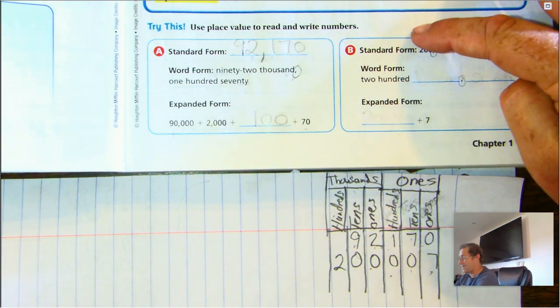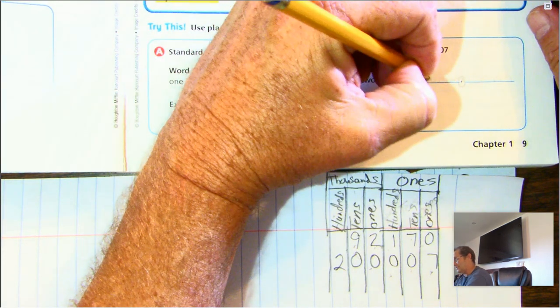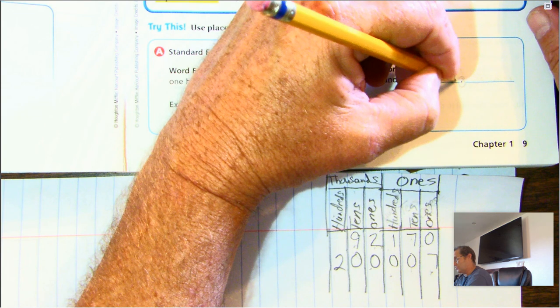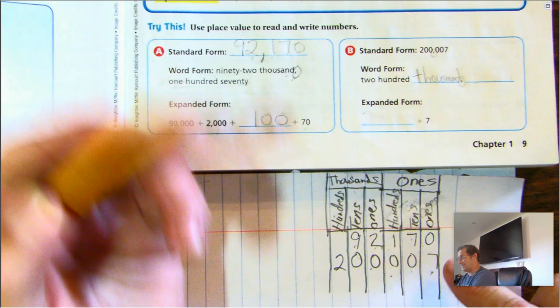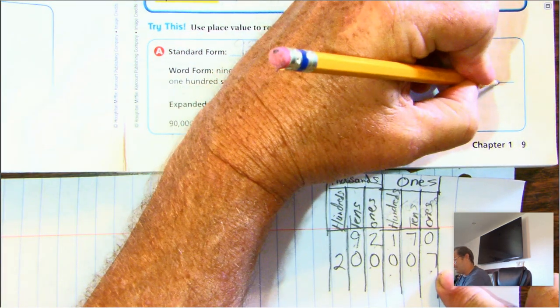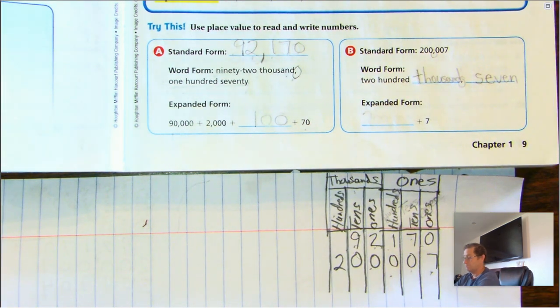The period to the left is thousands. So 200 what? 1,000. 200,000. And then how much in the ones period? Just 7. So 200,000, 7. Well, that should be easy to write in expanded form.